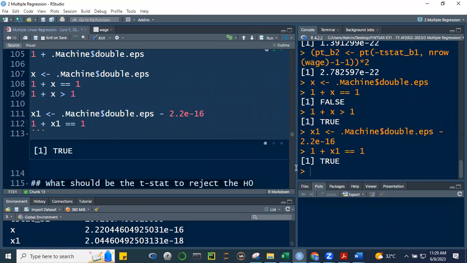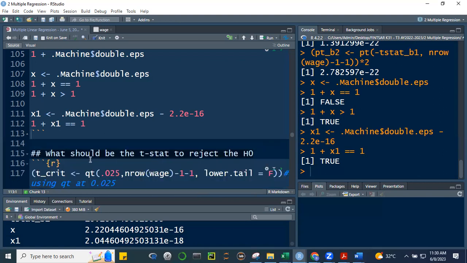For this one, yes, 1 plus X1 is equal to 1. That's true. Why? Because this X1 is a number less than the lowest floating point number, since I subtracted a small number. So X1 will now be treated as 0 because it's lower than the smallest floating point number considered non-zero. I hope that concept is clear, class. That's just to make sure we understand what these numbers are.